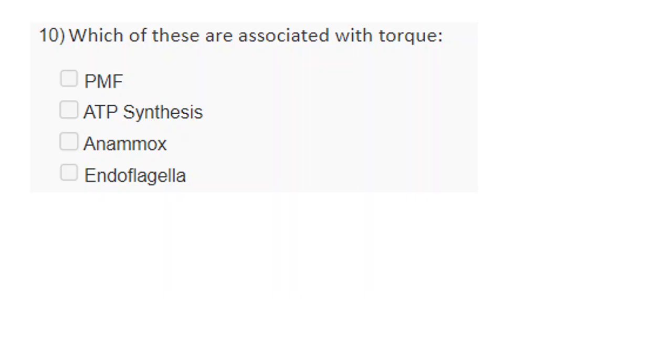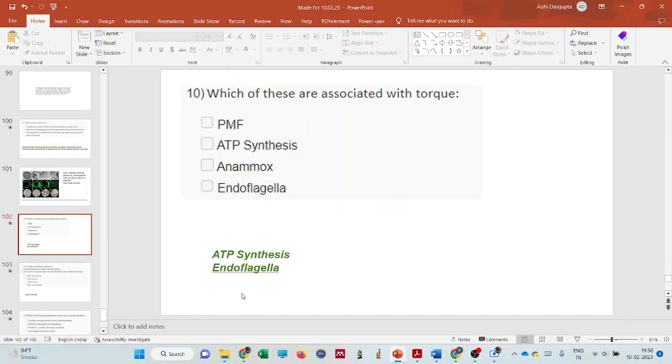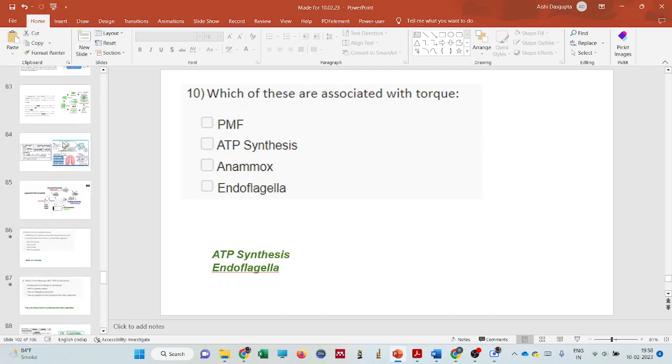Next is, which of these are associated with torque? Anybody? So ATP synthesis, I think PMF should also be in the answer. PMF, the proton motive force, is also associated with torque. ATP synthesis is obviously associated with torque.